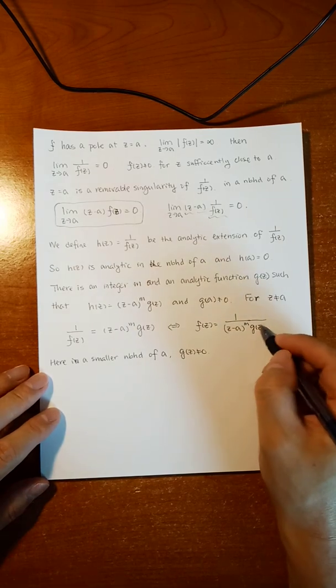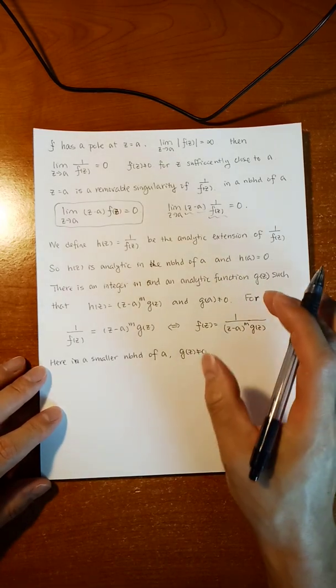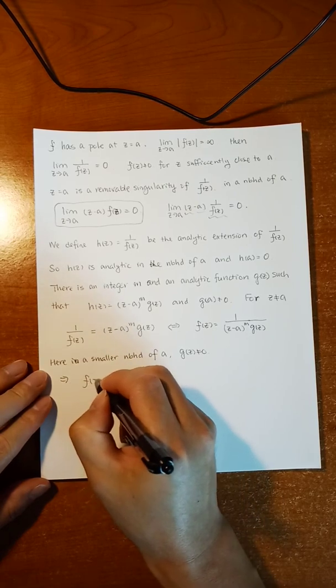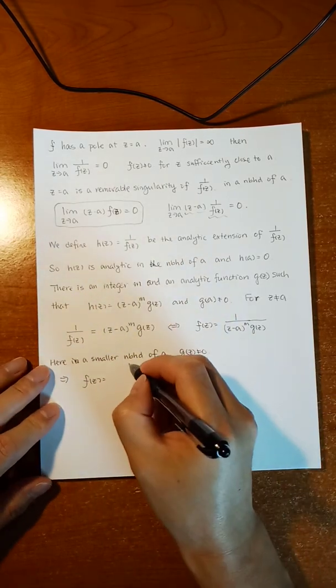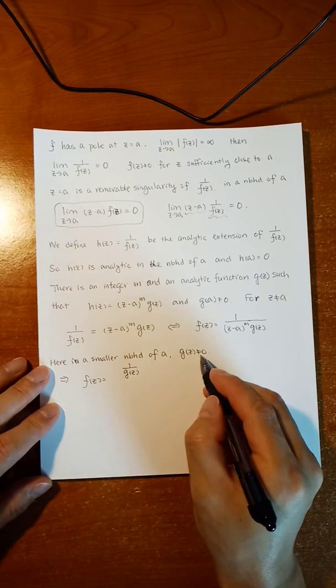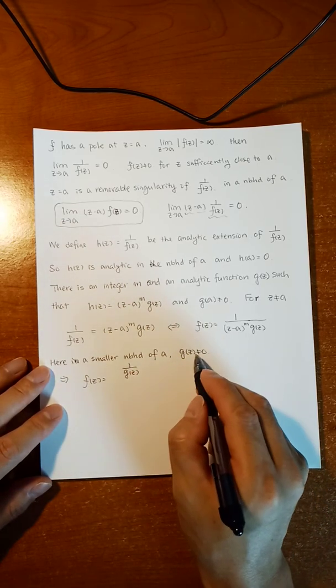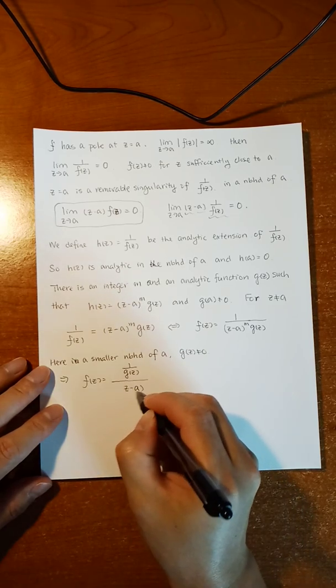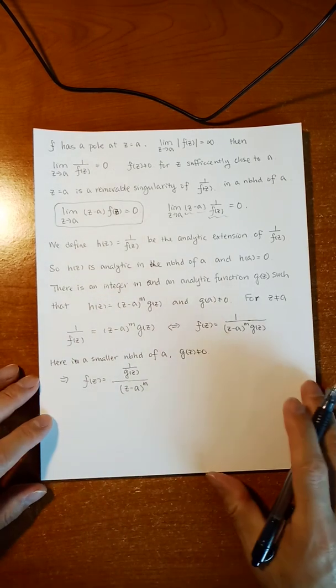Okay, so this makes sense. It's not just for a point, but for a small neighborhood. So this implies f of z can be written as 1 over g of z, which is an analytic function since it's a reciprocal of a non-zero analytic function, over z minus a to the mth power.